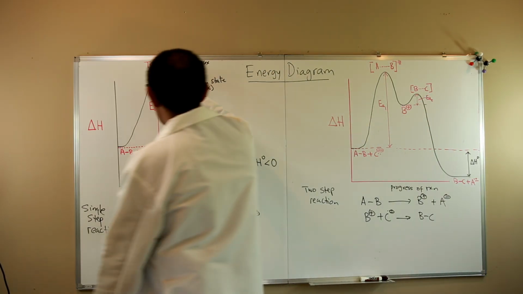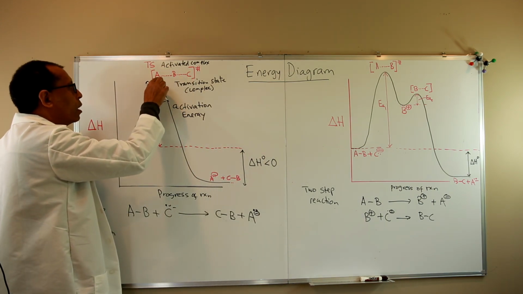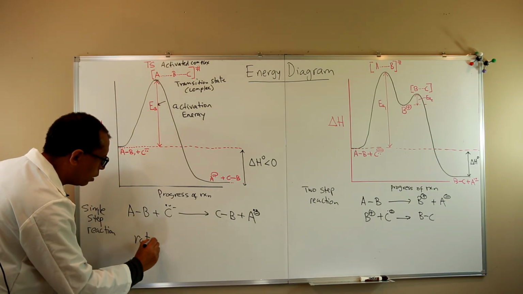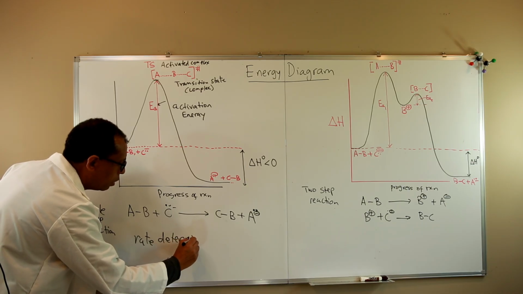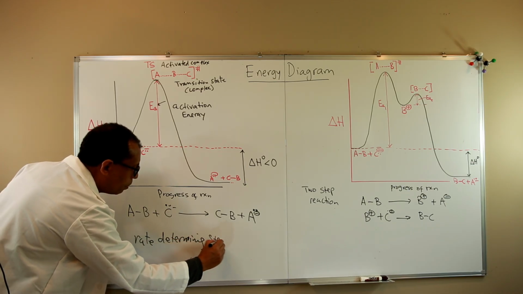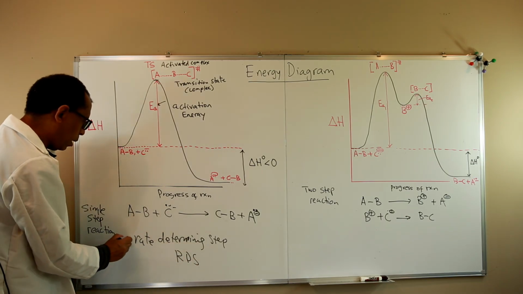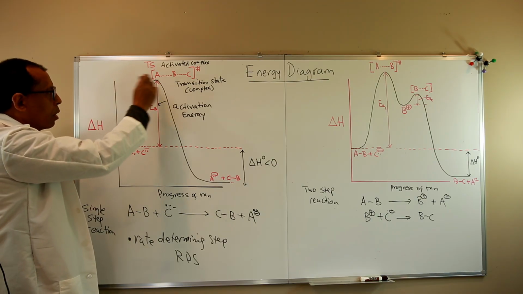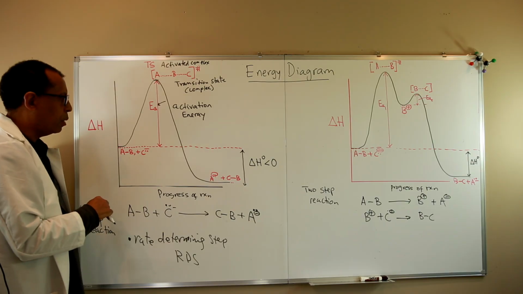So the highest tip in the energy diagram is the rate determining step, or we call it RDS. The highest tip of the energy diagram is what determines how fast the reaction could happen.